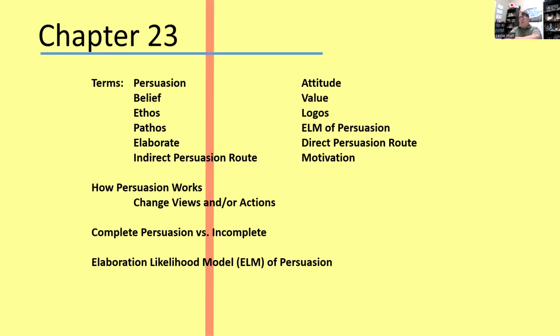we need to put this on the big scale, society scale. And especially when you're talking about successful incomplete persuaders, because in society, there's been lots of people who've been successful with incomplete persuasion. So here's my question to you. Which of those three, ethos, logos, or pathos, do incomplete persuaders lean on the most?